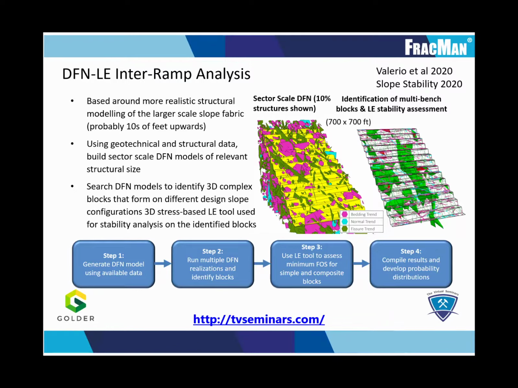In the case illustrated here, based on work carried out at the Bingham Canyon mine, this particular model is showing fabric of the scale of approximately tens to hundreds of feet in size. This model is 700 feet wide and 700 feet high, representing 14 50-foot benches.